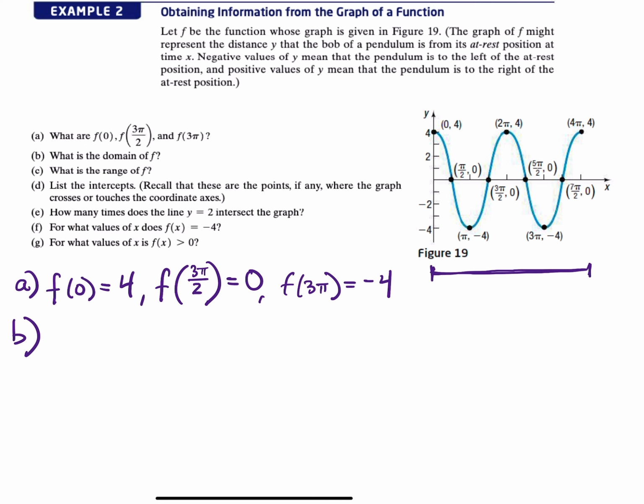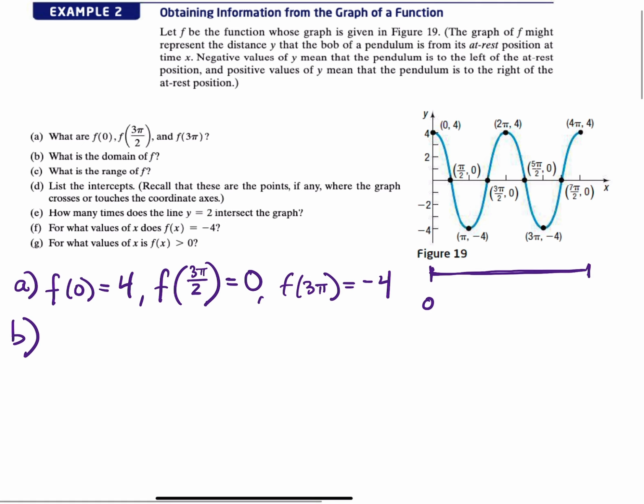Because in this case, we're saying x is time, so we're starting at time 0. And then it looks like the system stops here at a time of 4 pi. Kind of a strange way to call time, but it's just a value. Maybe you get some decimal point. So that would be the maximum x value that we have, and our other possible x values are all values in between.